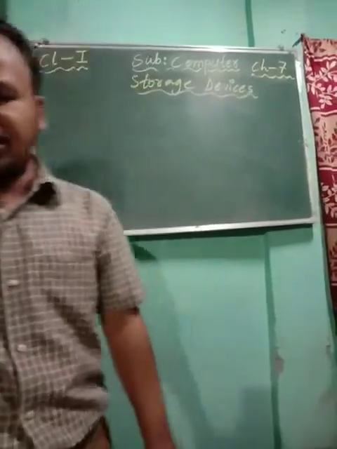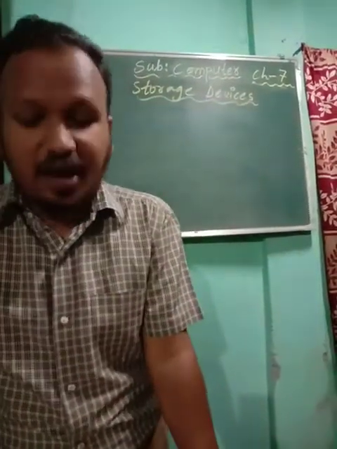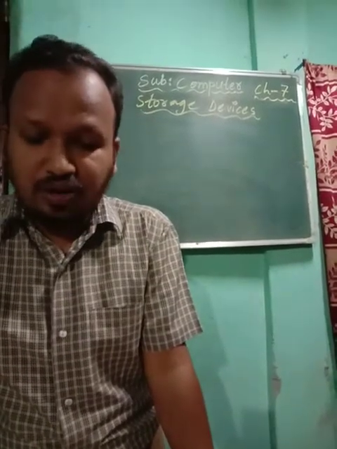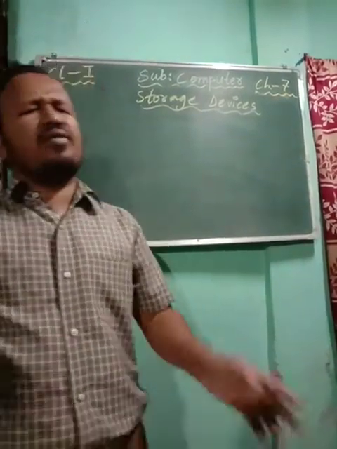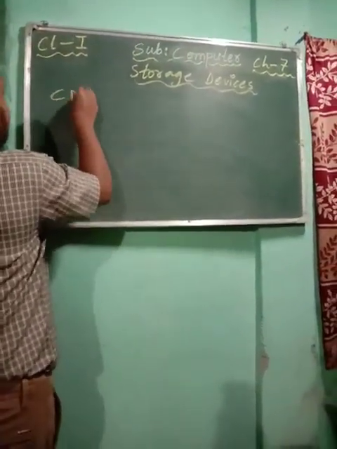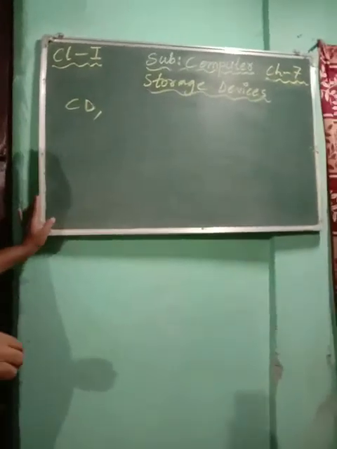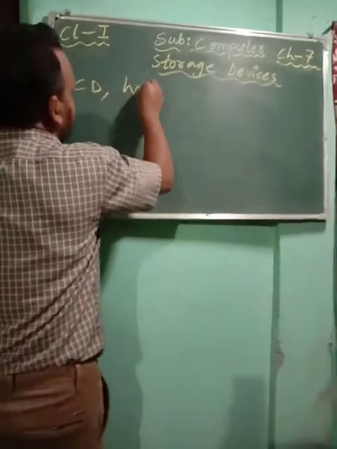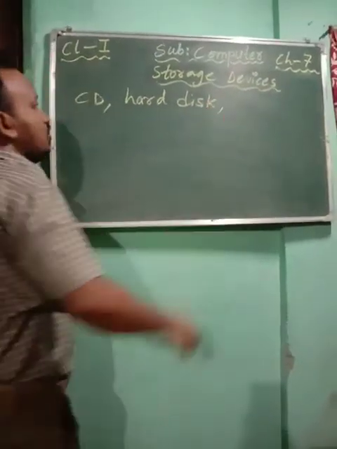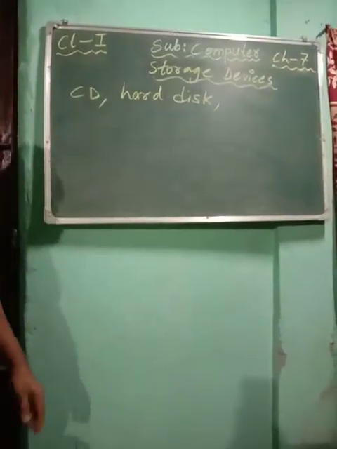So you can use CD, hard disk, pen drive, memory card, and store your work on the computer. In the computer everything you can store, you can store in all these things.